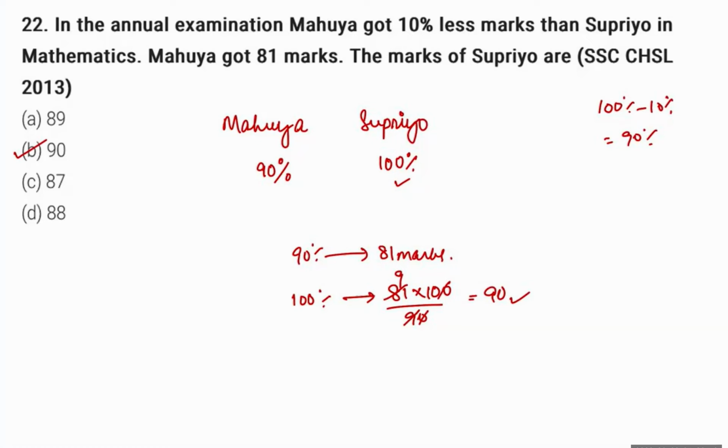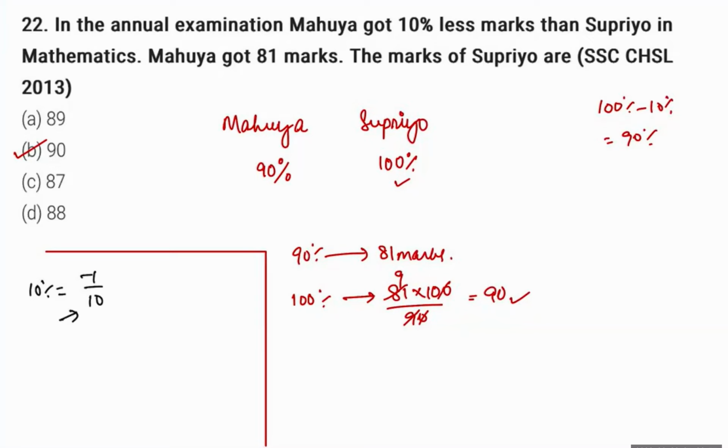It's a normal method here. Now the fraction method. 10% less mark means 1 by 10 is minus the original number.